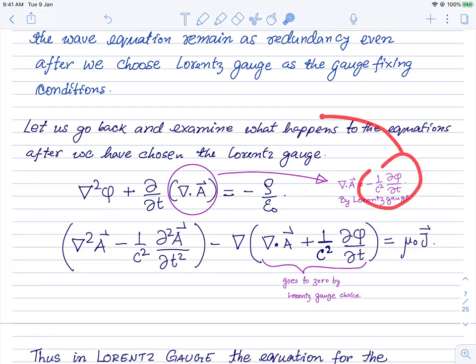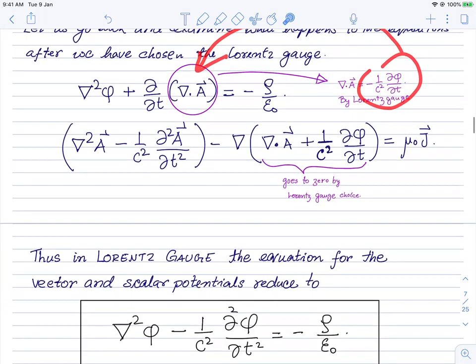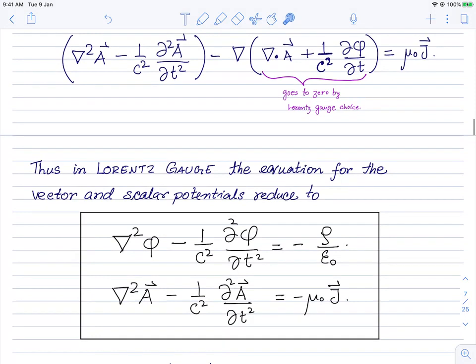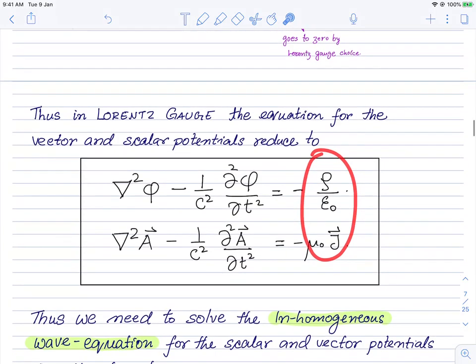If we plug this back in here, we find that both phi and A are solutions to the inhomogeneous wave equation. So this is the wave equation for both phi and A, and these are the sources, the charge density and the current density.